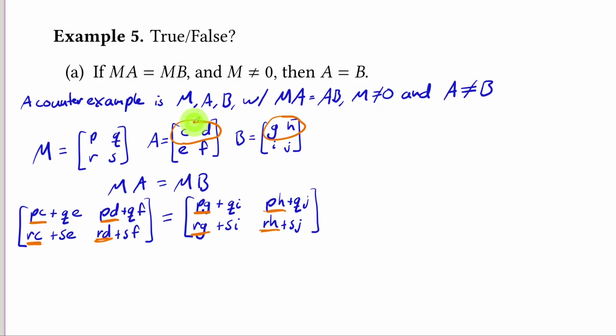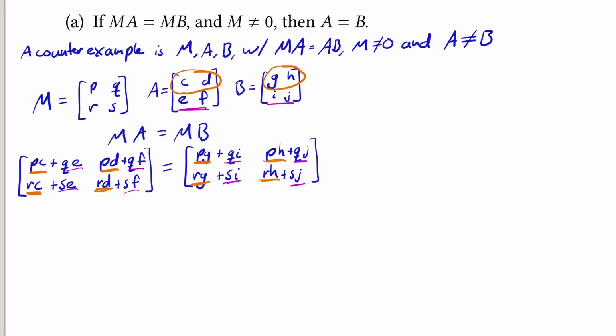So those could be equal, but what if we make it so E and F are different, but they get multiplied by 0. So look where the E and F show up here, here, but make that different from the IJ here on the right. We could make it so they don't matter by making it so Q and S are 0. So here's my counterexample. P and R can be anything.